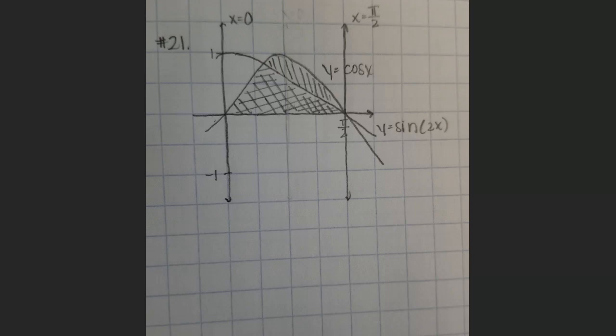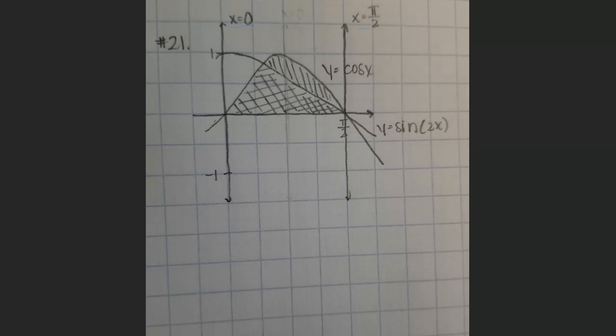the two areas bounded by the four functions: x equals 0, x equals pi over 2, y equals cosine x, and y equals sine x. So over here is x equals 0, x equals pi over 2.